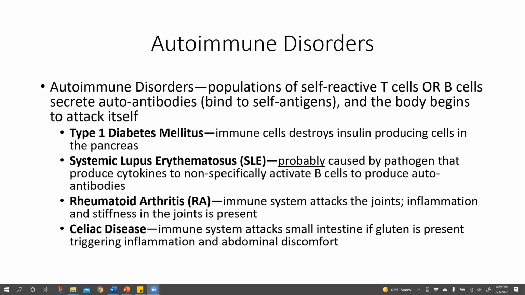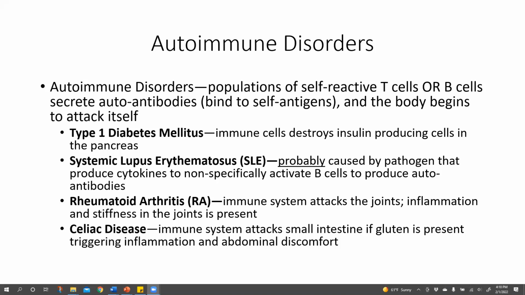So systemic lupus refers to the fact that there are a lot of different body organs and body systems that are affected by lupus. So it's not just one organ, it's not just one body system, it's kind of your whole body.